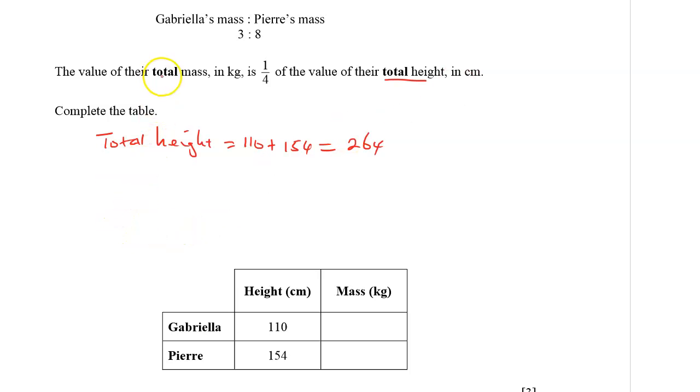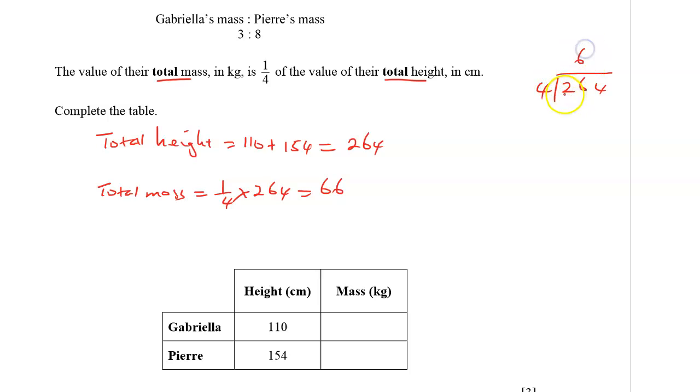And we are told the value of their total mass is a quarter of the value of their total height. So the total mass is equal to a quarter of 264, and a quarter of 264 is 66. You divide 264 by 4. This gives us 6, 24, another 6, 24.